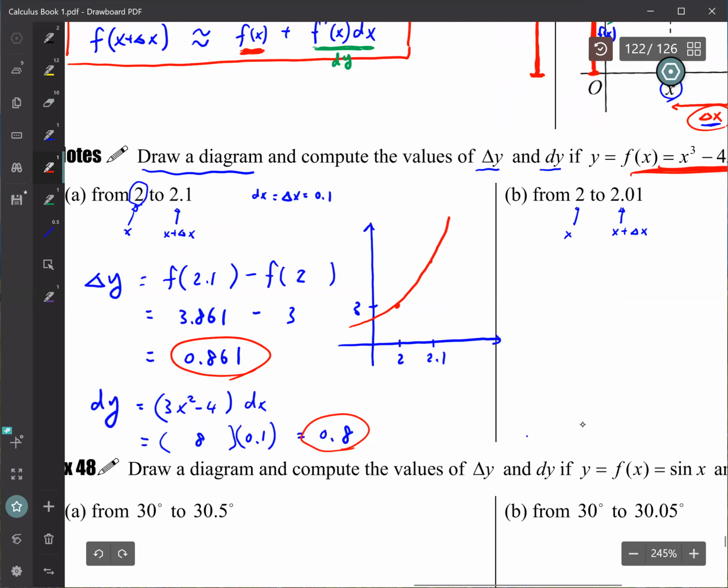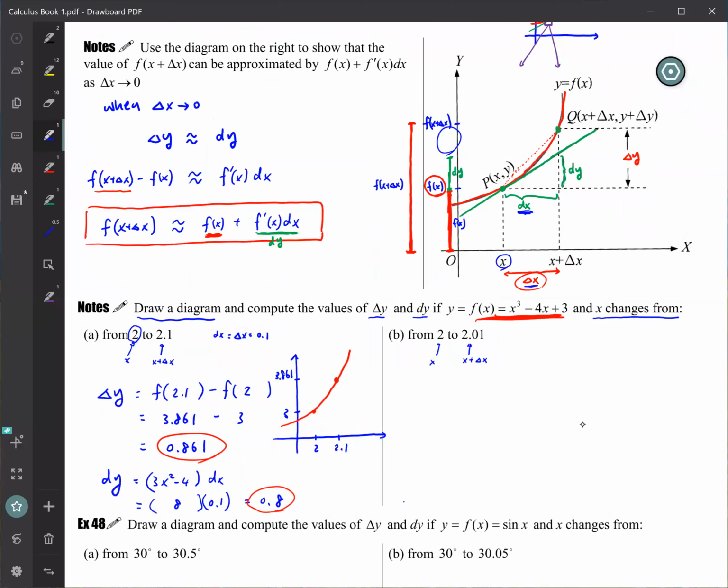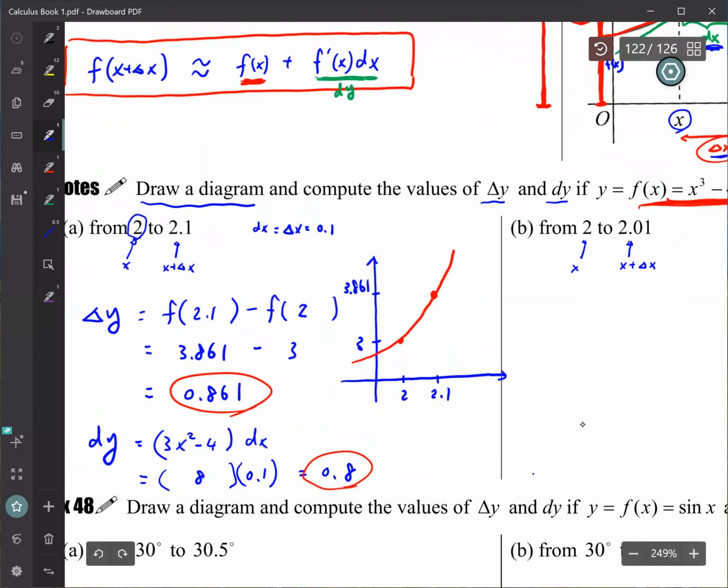But since we're zooming in, it'll be here. And then your 3.861 will be here. We're using numbers so it can help you understand the picture even better. So we have a tangent line, which is going to be placed at 3.